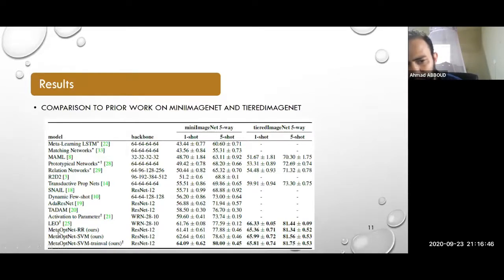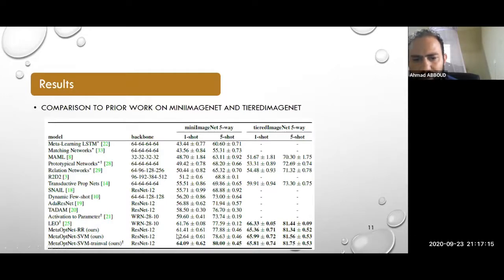So the first part is the core network, and the second part is the classifier head. As we see, the backbone is ResNet-12, and here they apply ridge regression and SVM trained on the validation set. So those are their results.